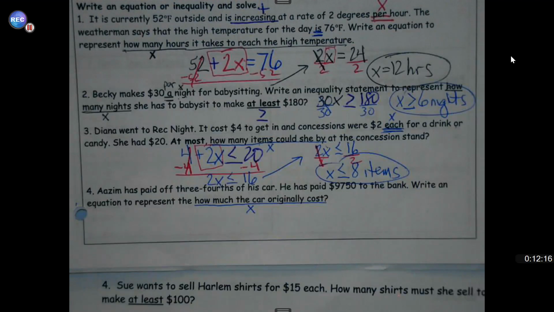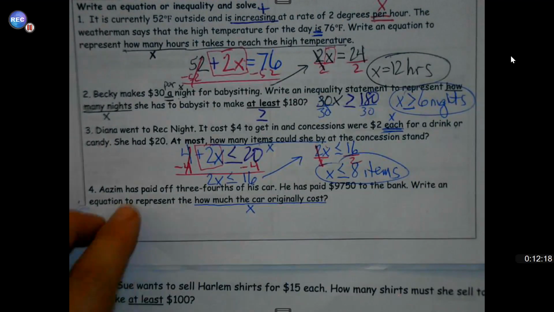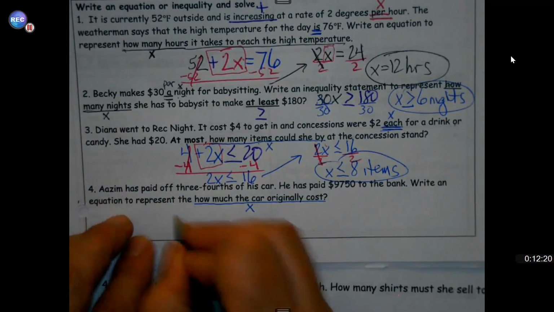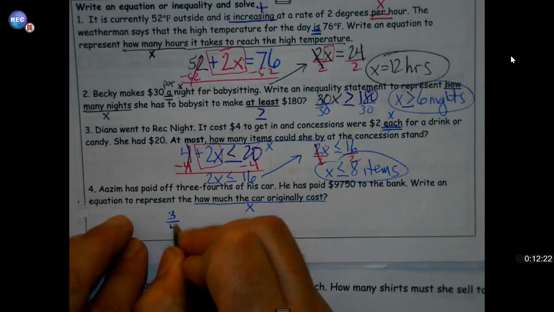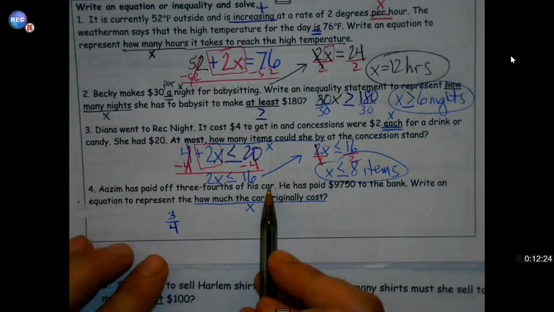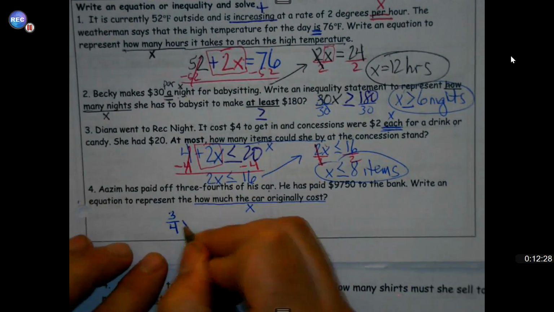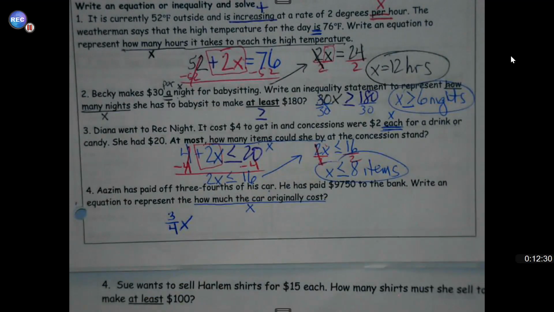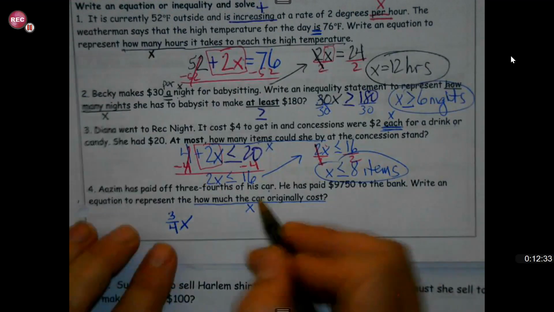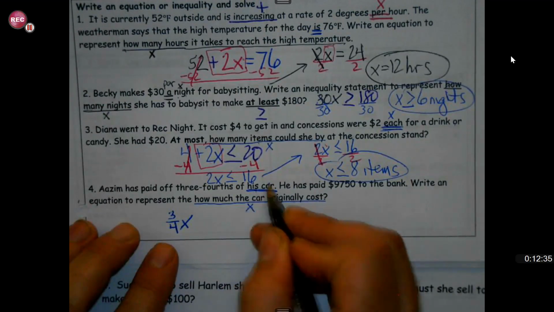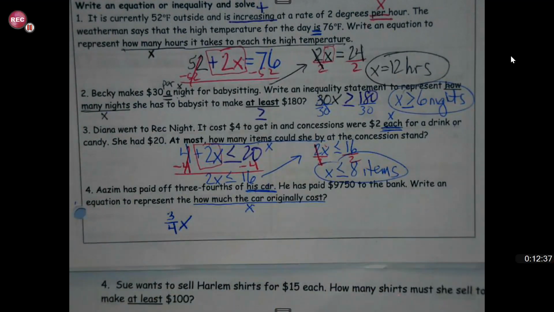Now let's see where the numbers go. Azim has paid off 3/4 of the cost of his car. See why I want to figure out what x is first? It's going to help me figure out where the x goes.